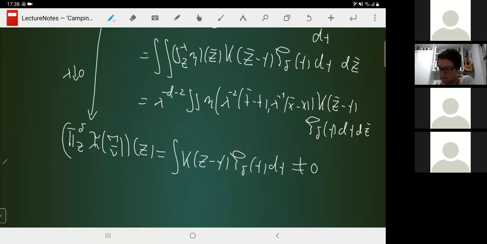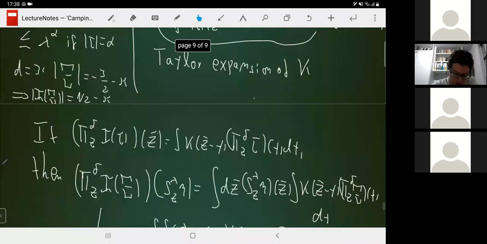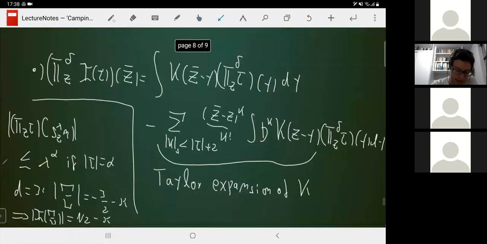If you take this definition here, and now for z bar plug in z, then most of these terms will simply vanish, except the term where k is equal to 0. Where k is equal to 0, you don't have anything in front of it, and you don't have a derivative. So you would also have k of z minus y, and this gives 0.